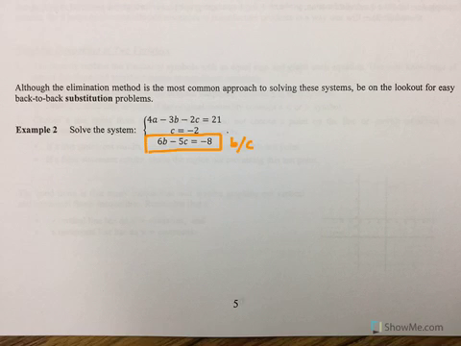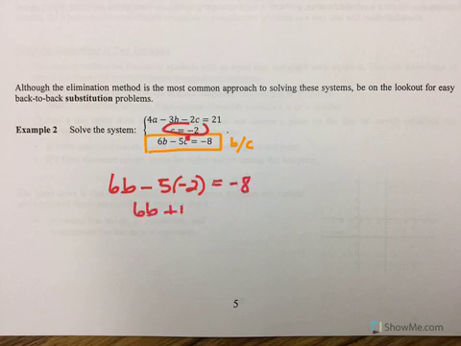So what I can do is just take this value and plug it in here for c. 6b minus 5 times c, which is negative 2, equals negative 8. I get 6b plus 10 equals negative 8, and I get b equals negative 3.